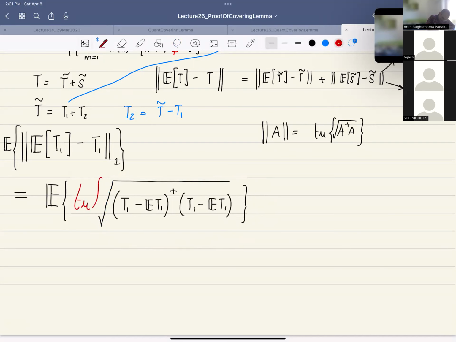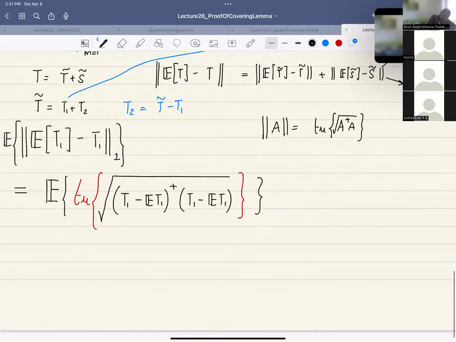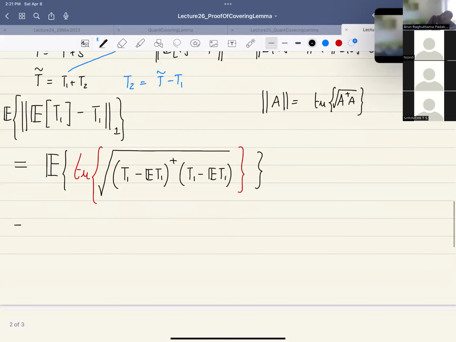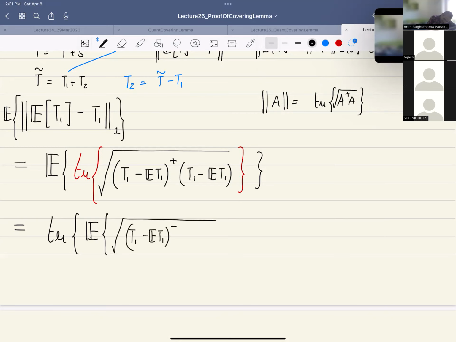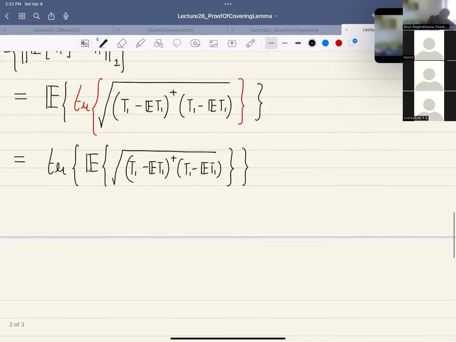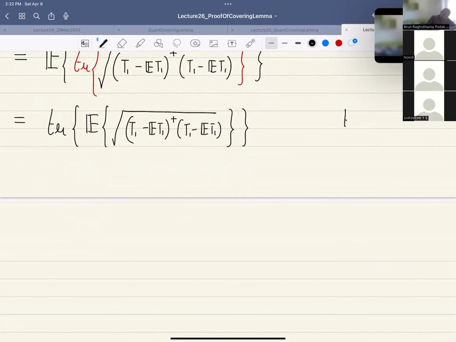Trace. Okay. Expectation and trace commute. The trace of the root of T1 minus expected value of T1, whole dagger, times T1 minus expected value of T1. Trace is linear. I will write every step.